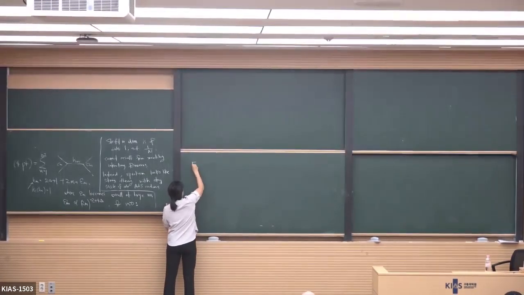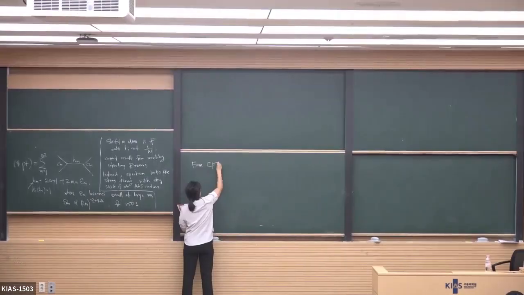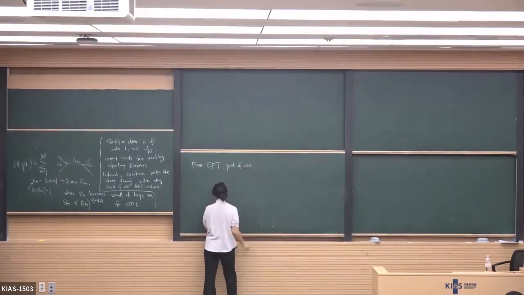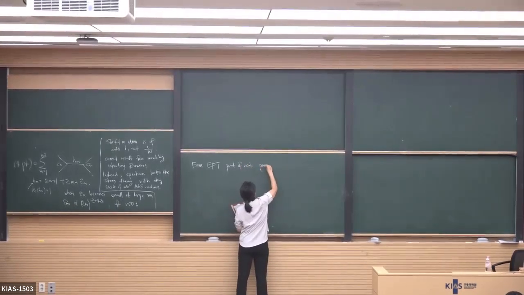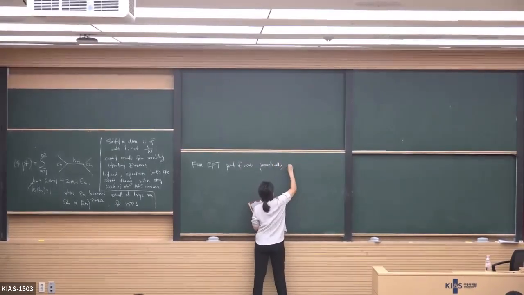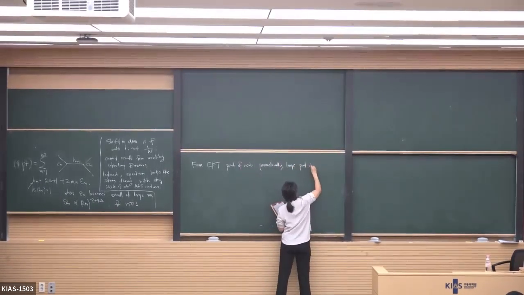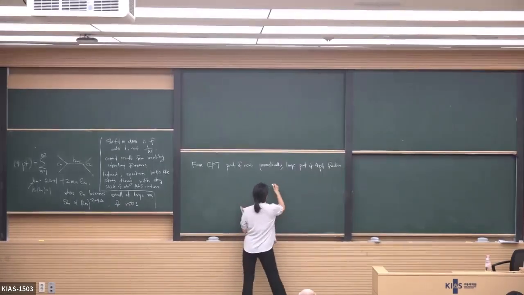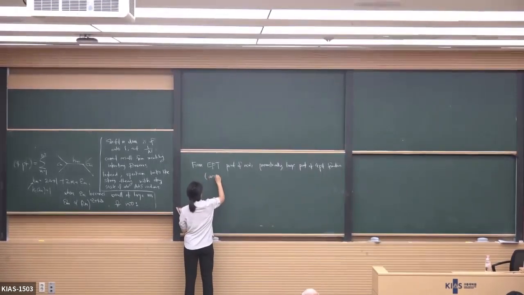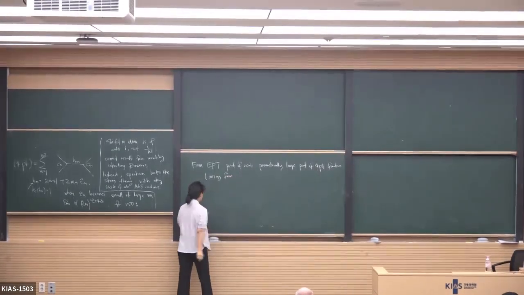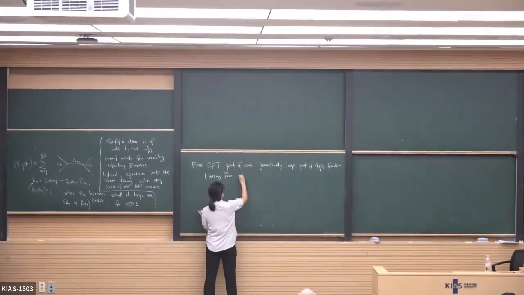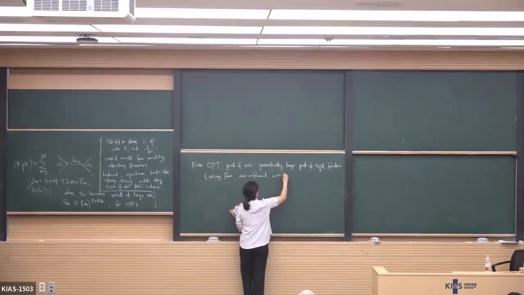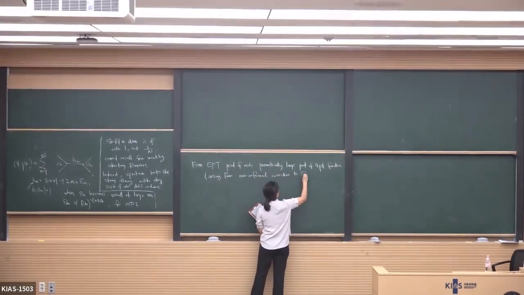So from an effective field theory point of view, the parametrically large part of the 4-point function, the non-conformal part, arises from the non-conformal correction to the Green's function.